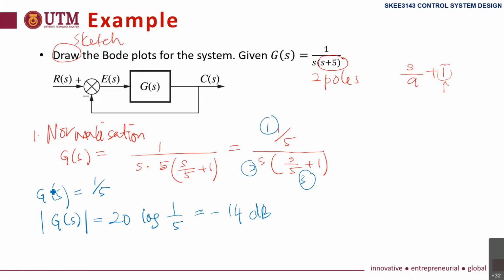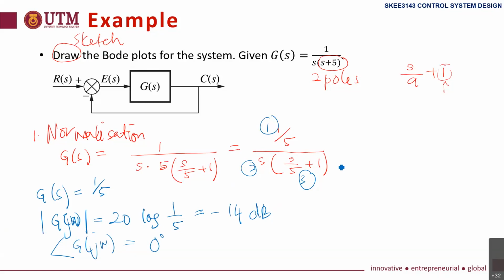And then the phase, normally we put G(j omega), sorry. G(j omega) is equal to 0 degrees, always 0 degrees. So that is the first component.